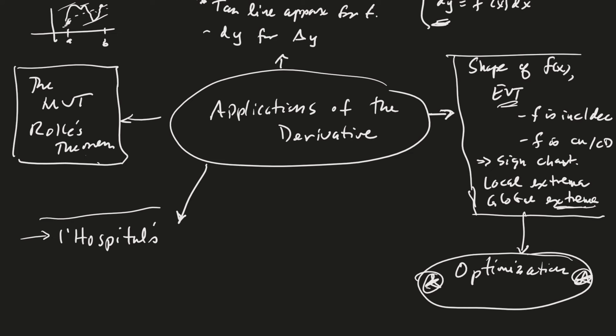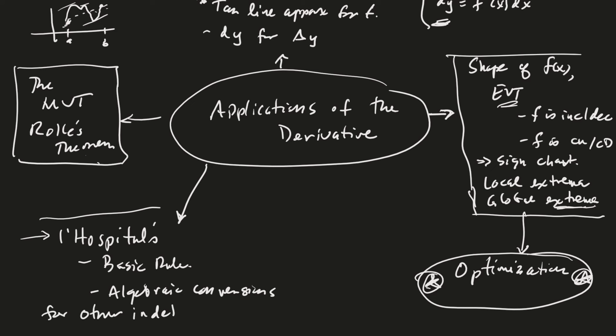Good, and then for L'Hôpital there was a basic rule that involved a fraction, right? But then there were some algebraic conversions for other indeterminate forms. And what were the other indeterminate forms?